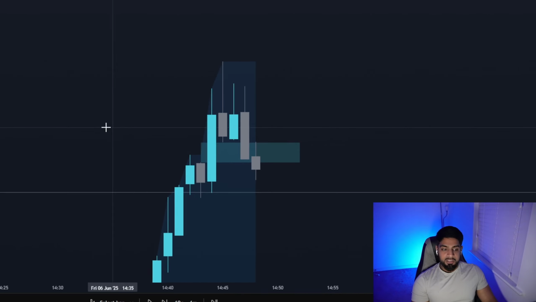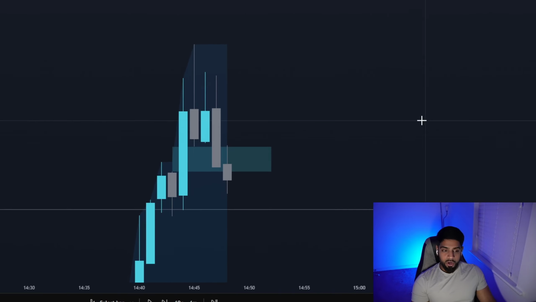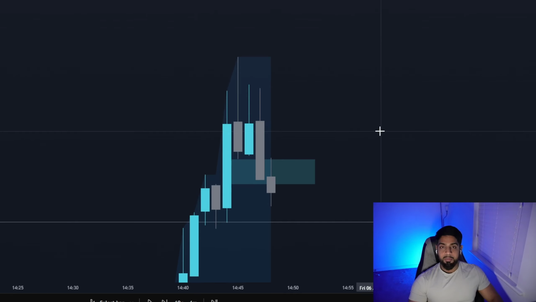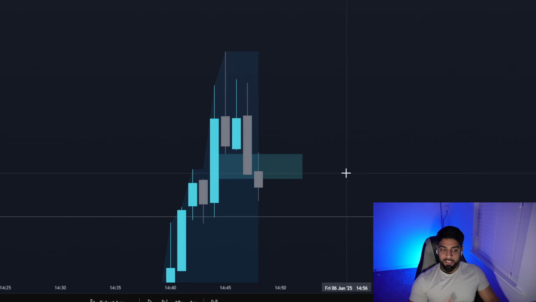Now that disrespect of the fair value gap shows that the buyers are no longer in control, because the buyers were in control when they created this fair value gap. They pushed price so rapidly in one direction that price had no chance to be in equilibrium. Therefore, when it gets disrespected with such intent, with so much speed and volume, it shows that the buyers are no longer in control and the sellers have now stepped back into the market.